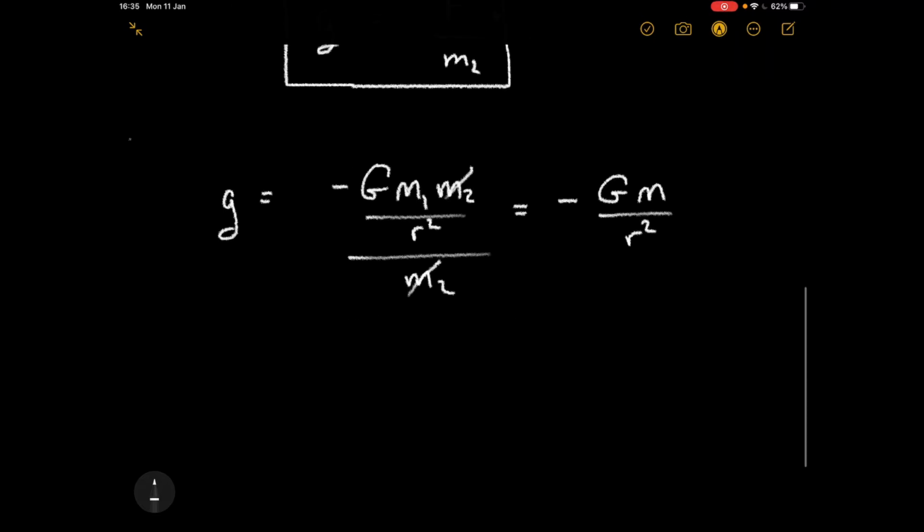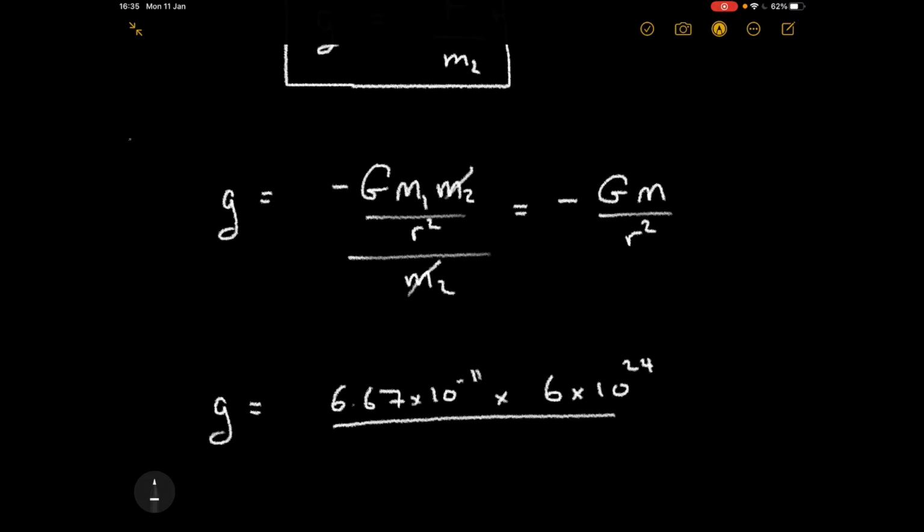That is great for us because we can do a quick test and ask, does it agree with what we expect, which is the 9.81? We can put our numbers in, where G is 6.67 times 10 to the minus 11, the mass of the Earth is 6 times 10 to the 24, and the radius of the Earth, I'm rounding quite a bit here, is 6,400 kilometres, squared.